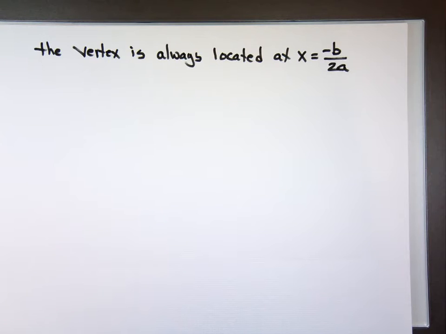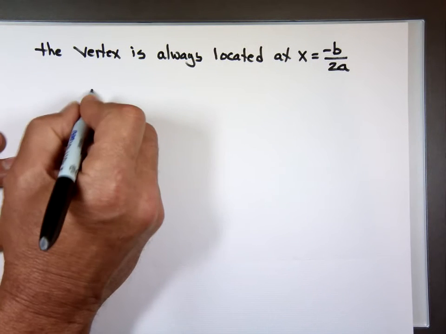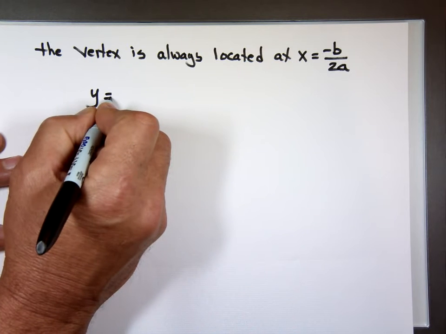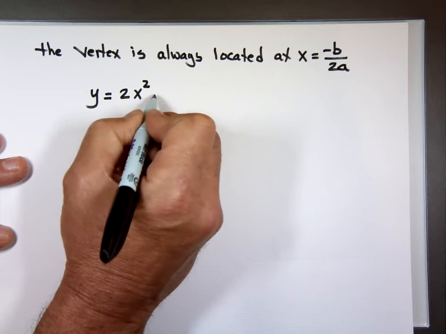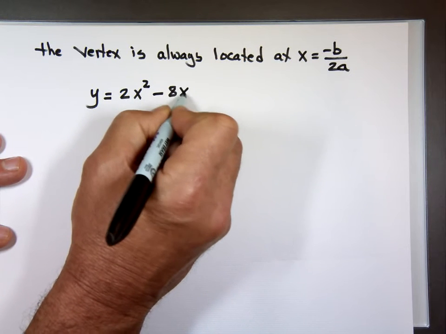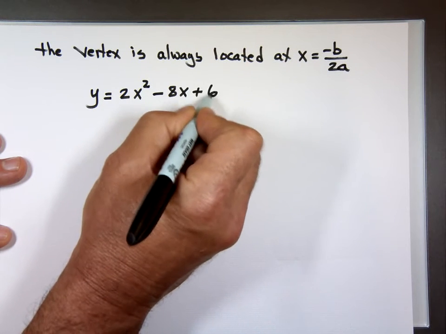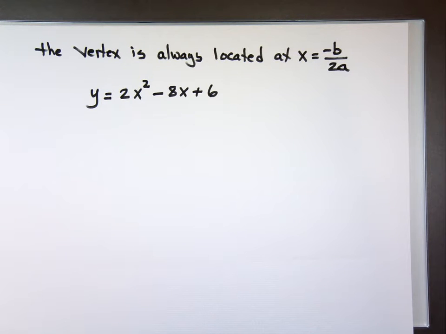So let's take a problem and go through it. y equals 2x squared minus 8x plus 6. Can you tell me which way it's going to open? What the graph looks like? Is it going to open upward or downward?